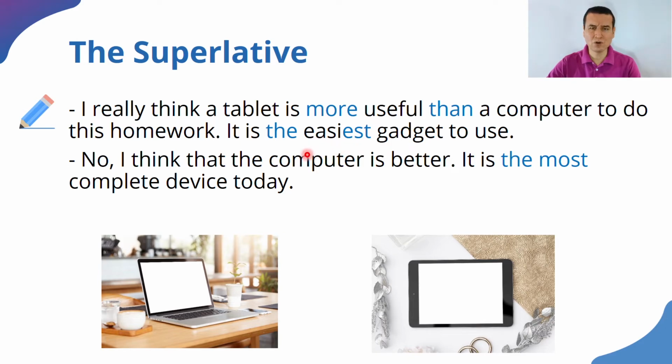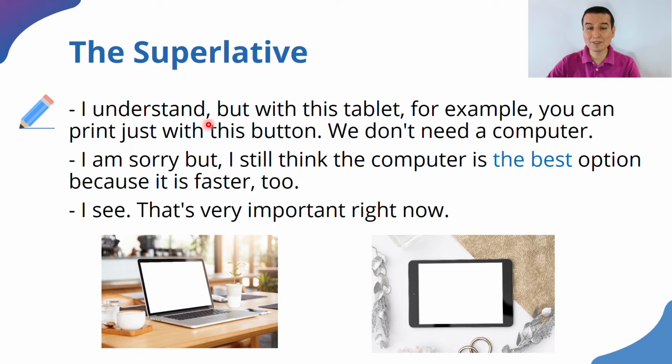The other person says, no, I think that a computer is better. It is the most complete device today. The most complete, that is superlative. Good. I understand, but with this tablet, for example, you can print just with this button. Looks like they're showing what button to print with.